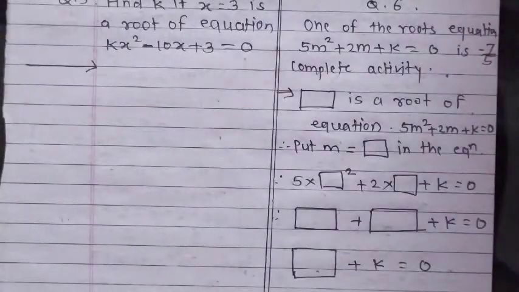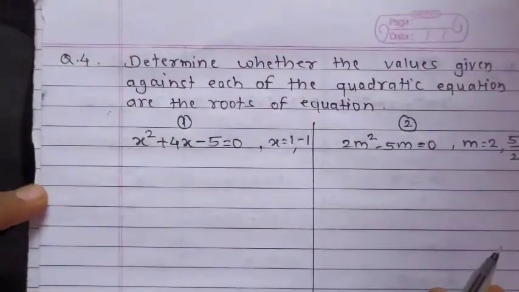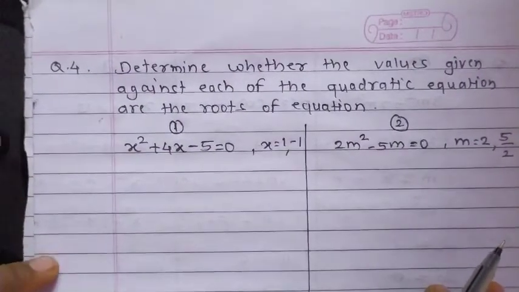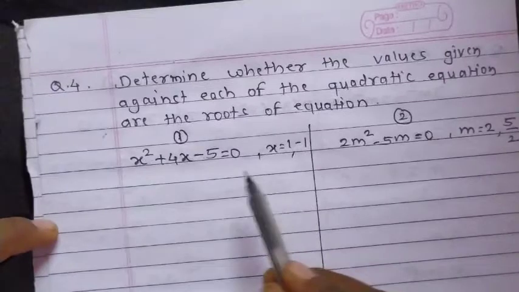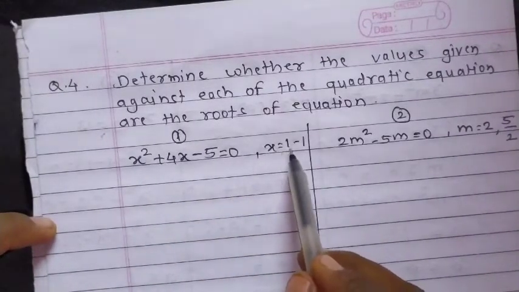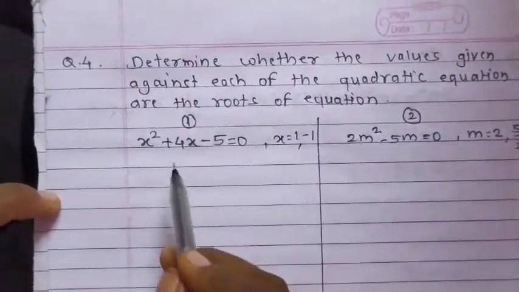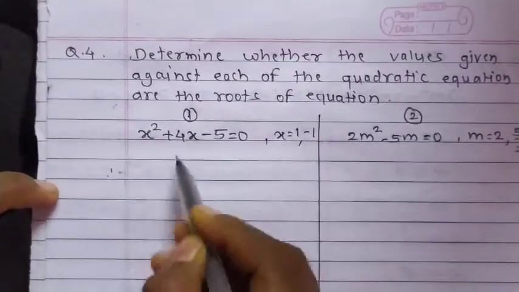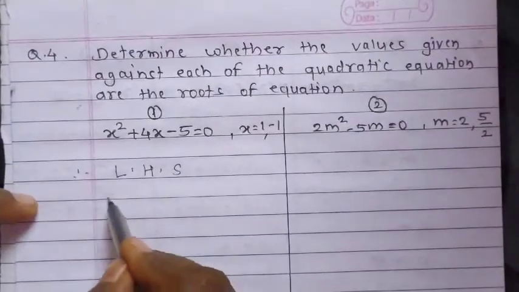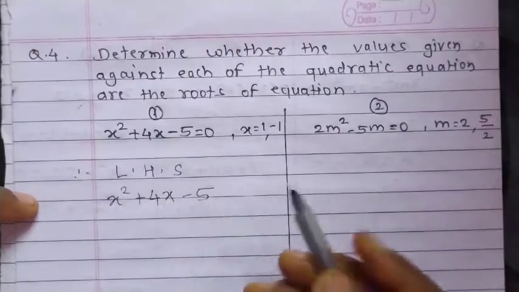Then question number 4. Determine whether the values given against each quadratic equation are the roots of the equation. Given the equation x square plus 4x minus 5 equal to 0, x equal to 1 and minus 1. The LHS, the left hand side of the equation, is x square plus 4x minus 5.